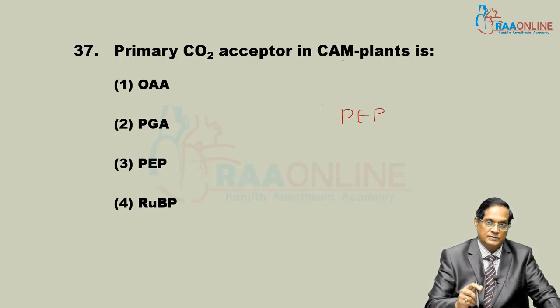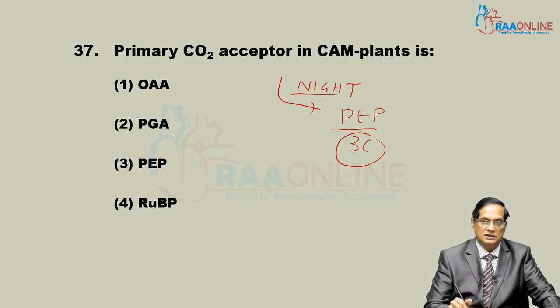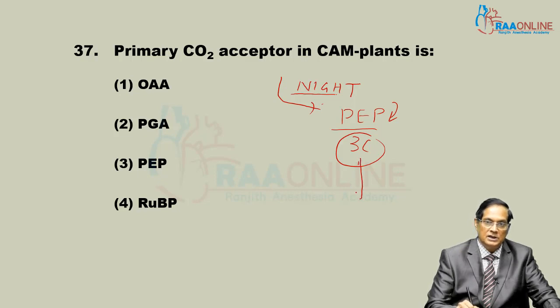Phosphoenolpyruvate. It is a 3 carbon compound, and at night, these plants synthesize organic acid. At night, these plants perform the reduction of carbon dioxide, and this PEP traps atmospheric carbon dioxide, first of all converting it into oxaloacetic acid.